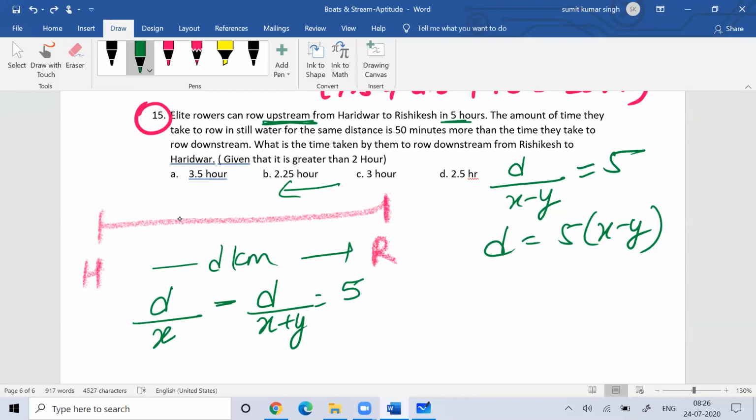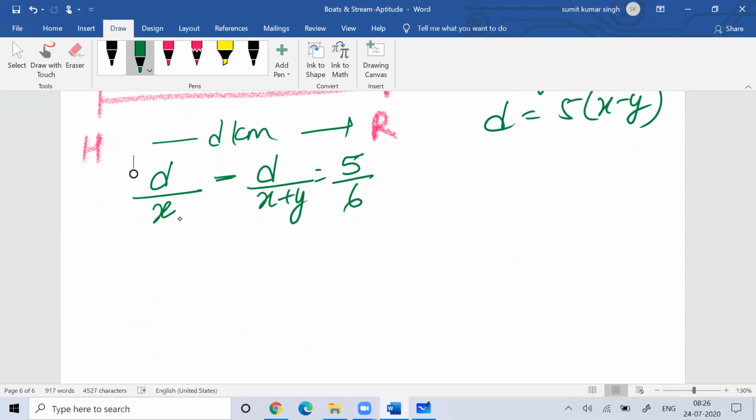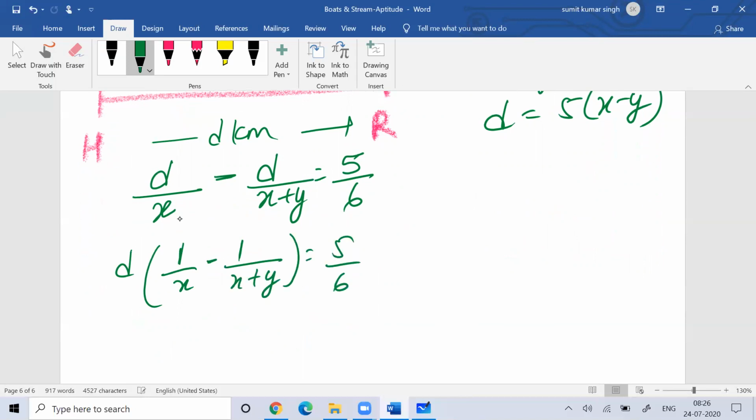50 minutes I convert into hours, this is 5 by 6. So I can take d common. If I take d common, this is 1 by x minus 1 by x plus y is equal to 5 by 6.